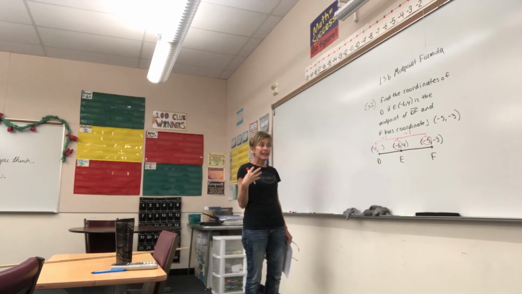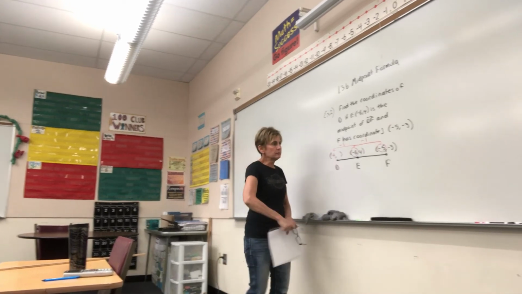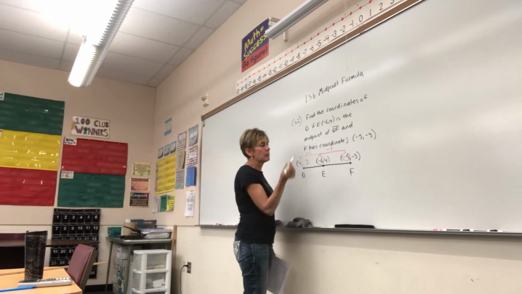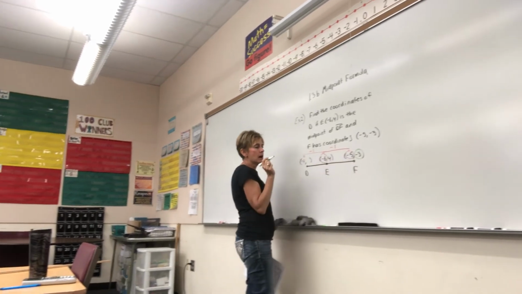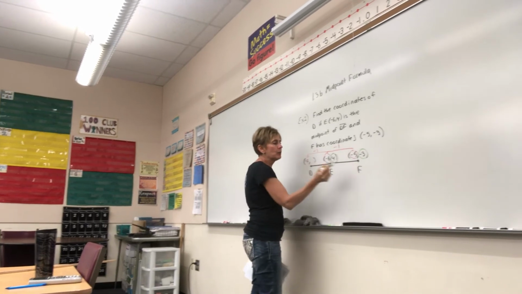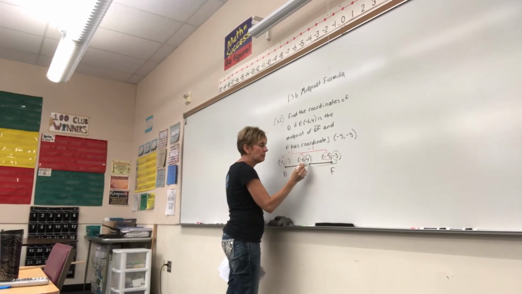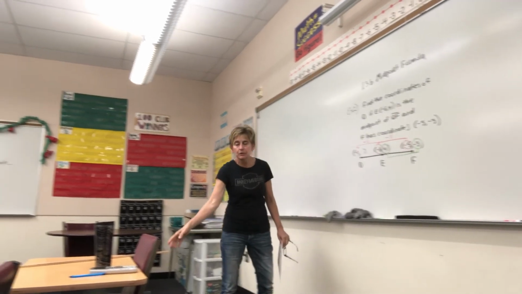Now that gave me my x's. I still need to find the y coordinate. So let's look at the y coordinates. To get from the end of the segment to the middle on the y coordinates, I'm going from -3 to +4. Well, let's see how far we would have to go to do that.